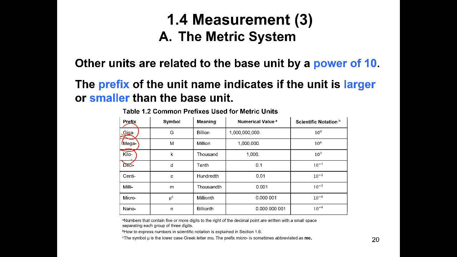If you have a gram, it's going to take 1,000 grams to equal 1 kilogram because a kilogram is larger. But if I have a milligram, it's going to take 1,000 milligrams to equal 1 gram because it's 1,000 times smaller. So a kilo is 1,000 times larger than the gram. The milli is 1,000 times smaller than the gram.